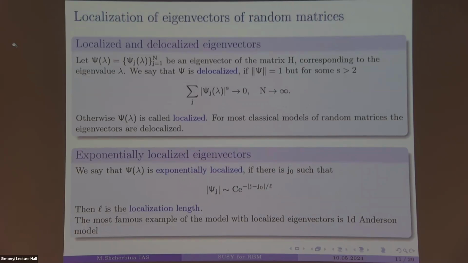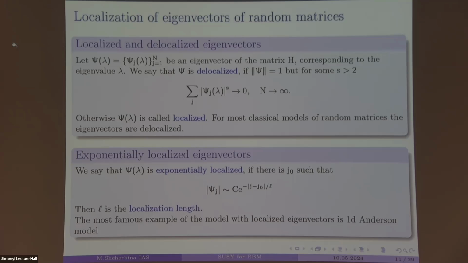Okay, I would just say a few words about localization and delocalization, because I use this term, but in the following I'm not going to speak about localization and delocalization, but the term is important, so I give you the definition.